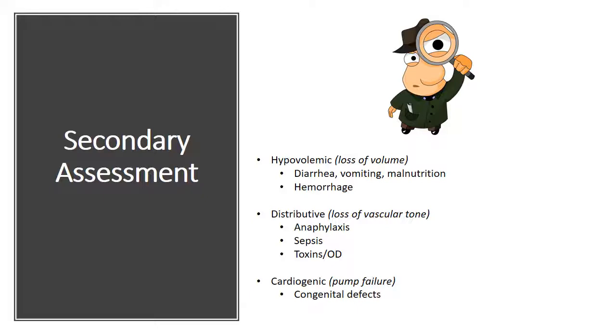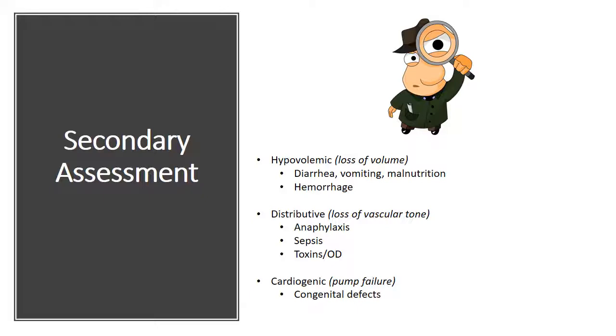Or is it hemorrhage due to trauma? Could it be distributive, that loss of vascular tone, such as from anaphylaxis? Do they have a fever, and are they mottling from signs of infection and sepsis, causing high levels of acid, causing those vessels to lose their ability to maintain their structure, causing them to dilate?